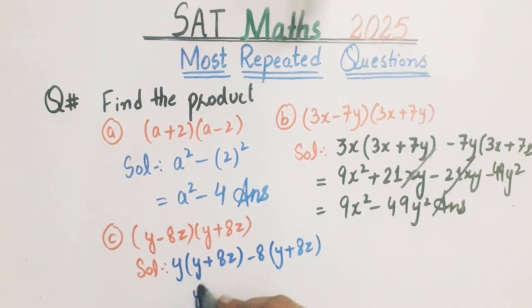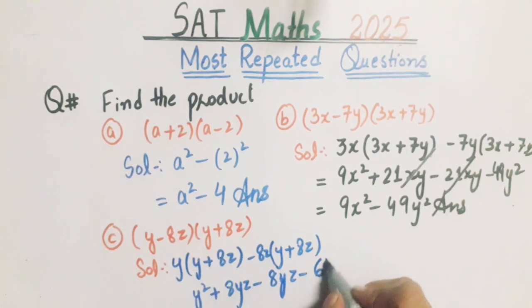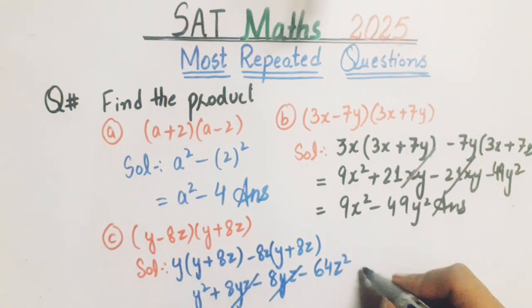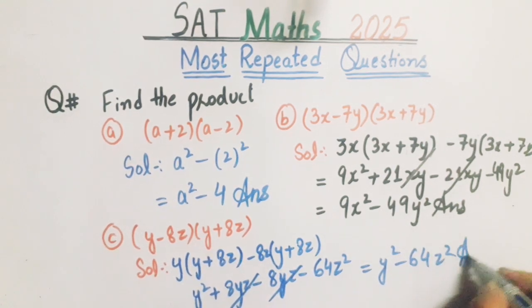Y into y is y square plus 8yz, and then minus 8z multiplied by y is minus 8yz. Then minus 8 into 8 is 64 z square. So these cancel out and we have y square minus 64 z square.